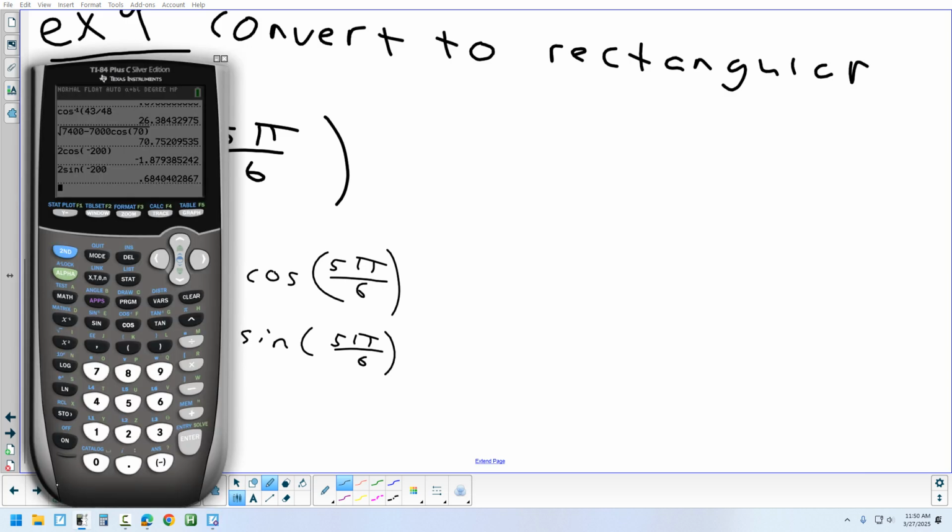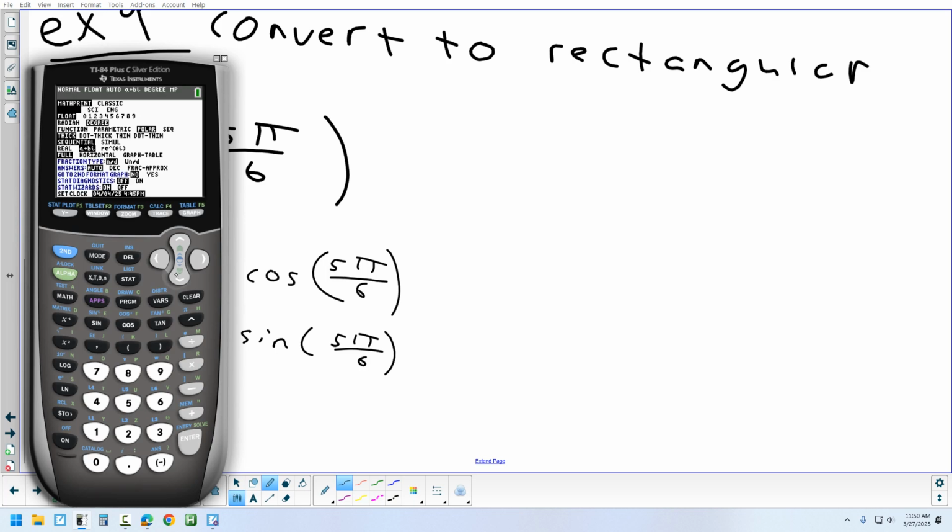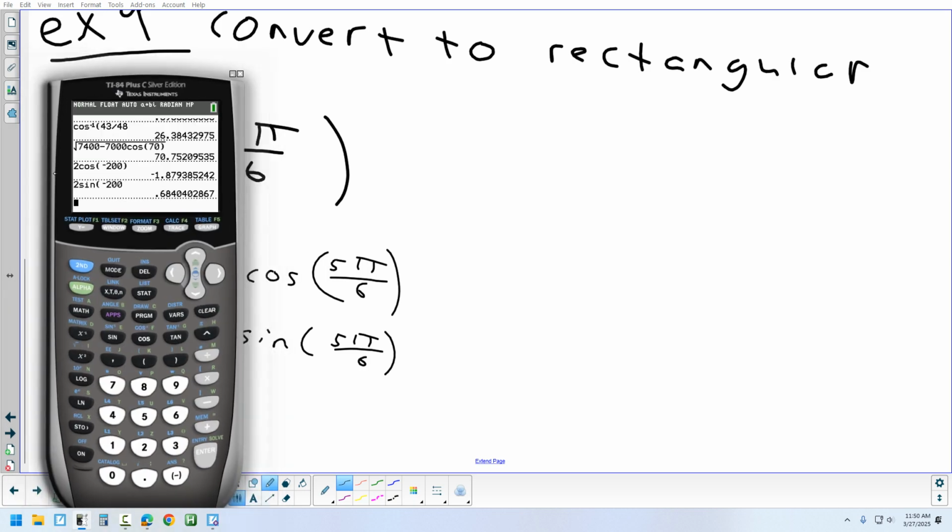So we can change back to radians, that's fine. Don't multiply by 3 yet. Just do cosine 5 pi over 6. That is a special number, negative 0.866. What number is 0.866? It's in the 30, 60, 90 right triangle on the unit circle.